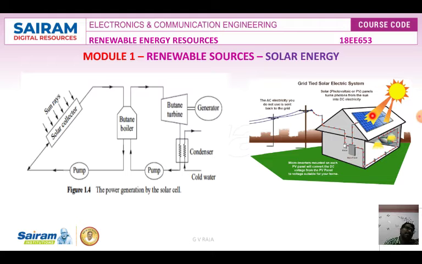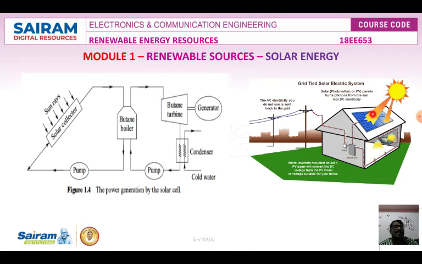Several cells can be connected in series or parallel to produce the voltage and current required for the particular application. Suppose you want to light a 12 volt or 15 volt CFL bulb, then 0.5 volt is produced by a single cell.